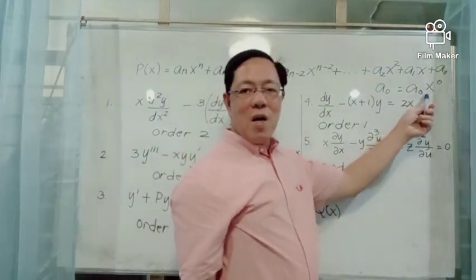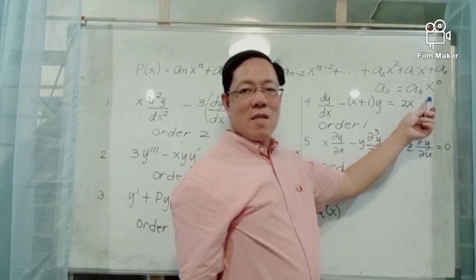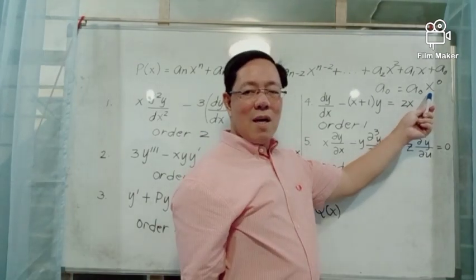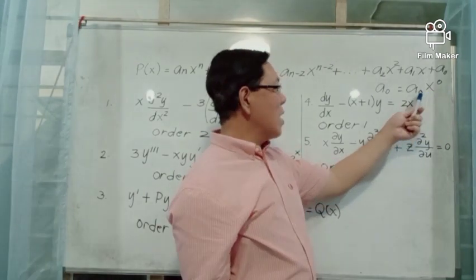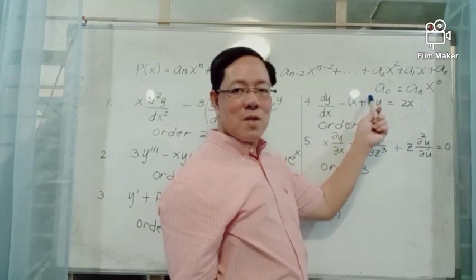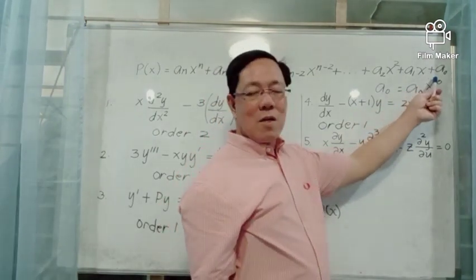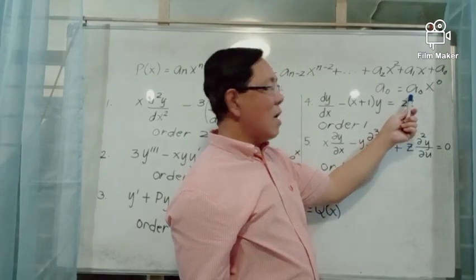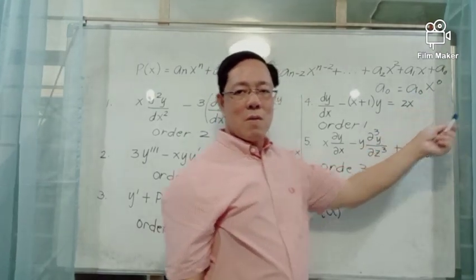But by the property of exponents, if x is a non-zero base, x to the 0 is 1, and 1 multiplied by a sub 0 equals a sub 0. So the last term is a constant term, but it can be written as a sub 0 times x to the 0.